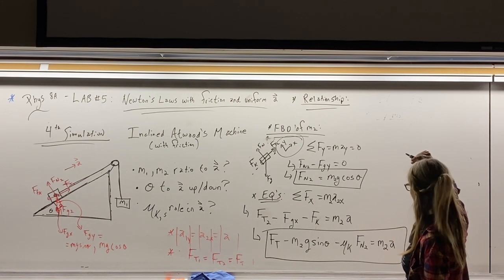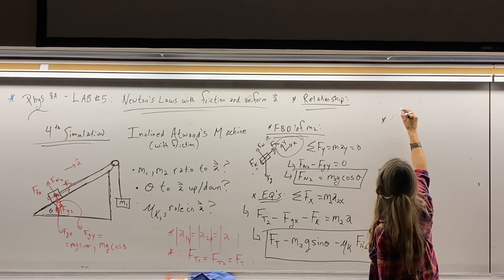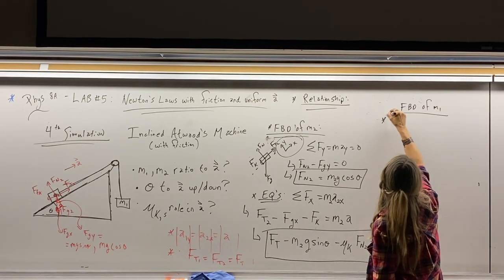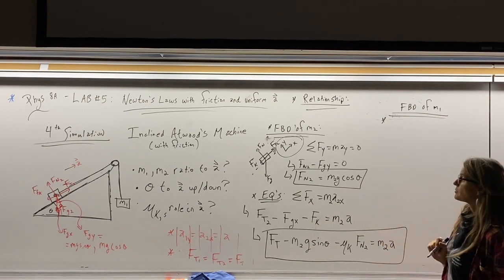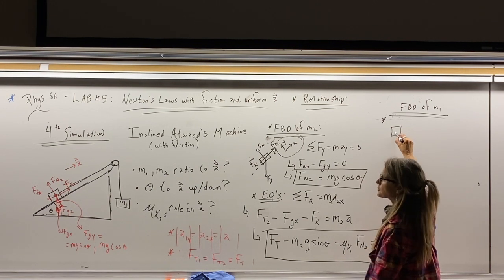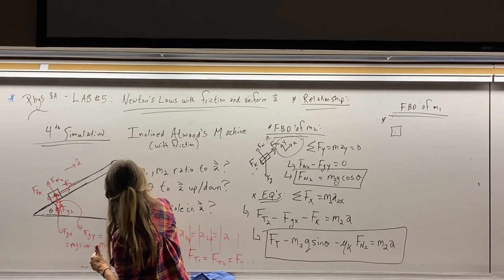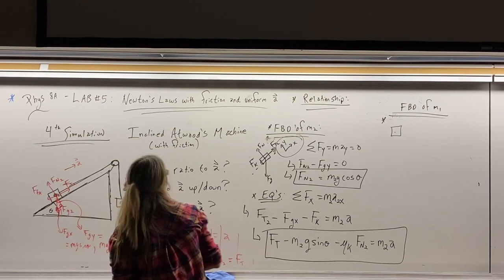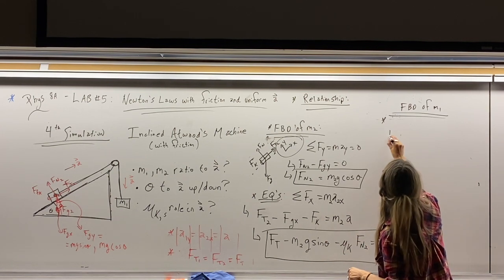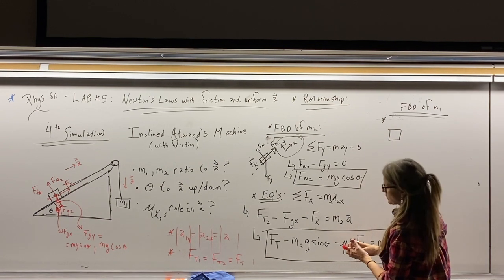The next step here would be to look at our free body diagram of M1, and we're going to come up with one more equation that will allow us to solve for the unknown. So if it's accelerating in the direction I said, accelerating up the incline or down the incline, then what we can do here is connect all our equations together.